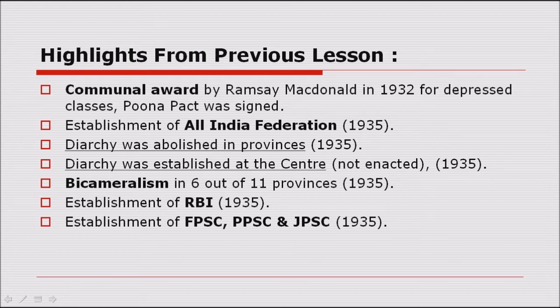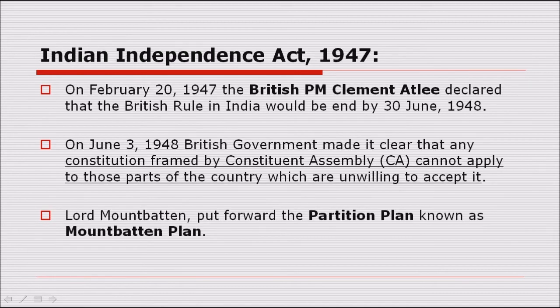It provided for the bicameral legislature in 6 out of 11 provinces, and also for the establishment of the Reserve Bank of India to control the credit and currency of the country. It provided for the establishment of the Federal Public Service Commission, the Provincial Public Service Commission, and the Joint Public Service Commission.